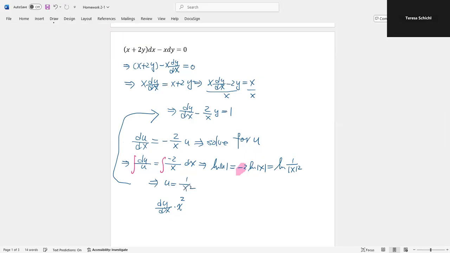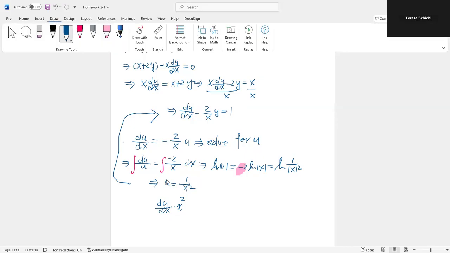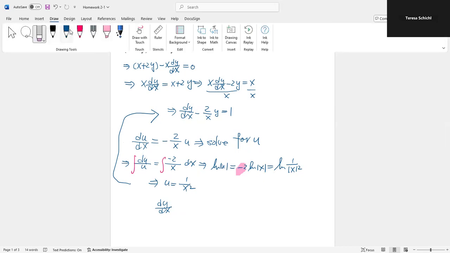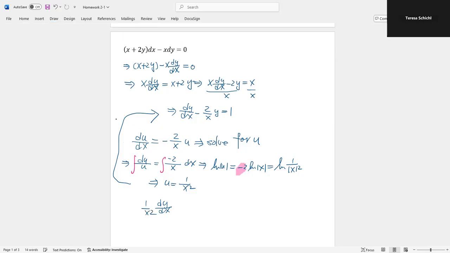So I multiply by 1 over x squared: (1/x squared) dy/dx minus 2/x cubed times y equals 1 over x squared.